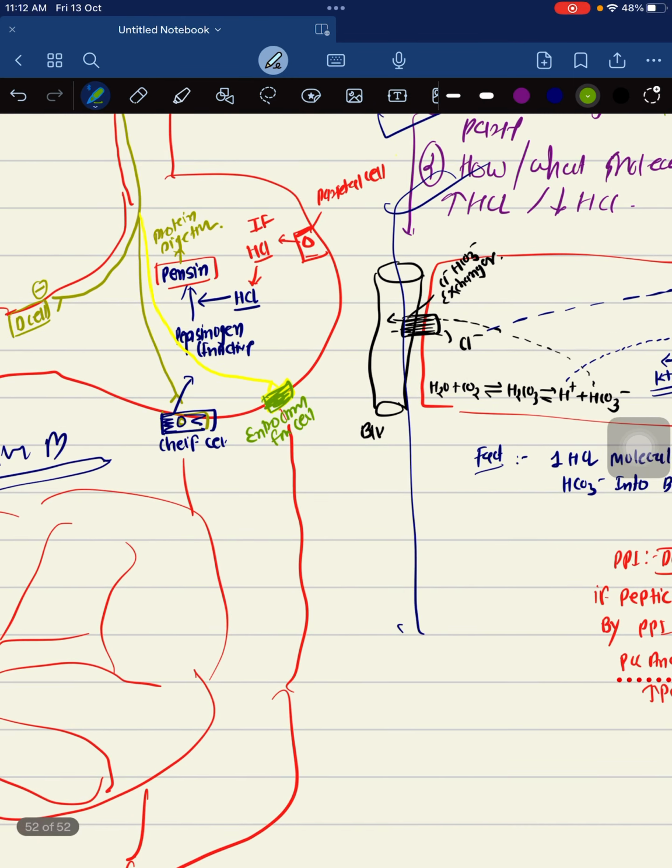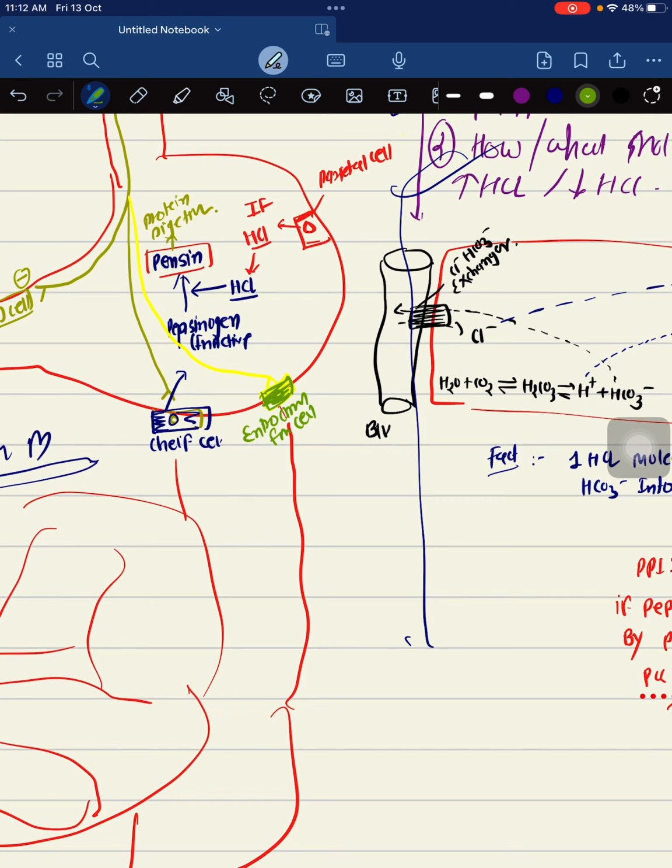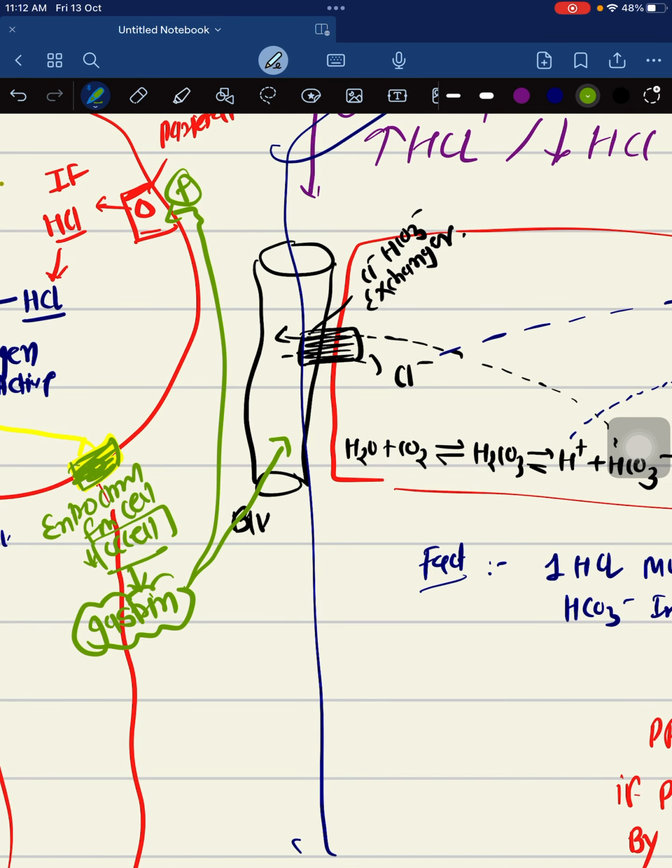Okay, enterochromaffin cell, G cell, which secretes gastrin, will directly stimulate the parietal cell or indirectly via activating the ECL neuroendocrine cell, enterochromaffin-like cell, which releases histamine, which stimulates the parietal cell.